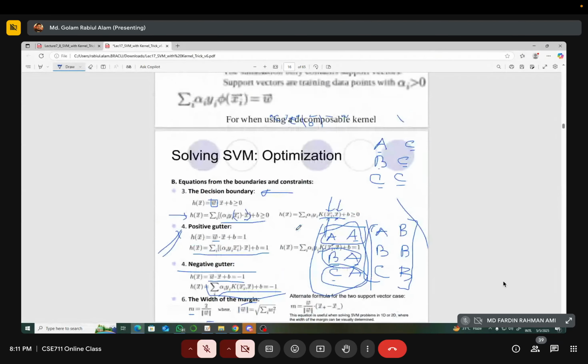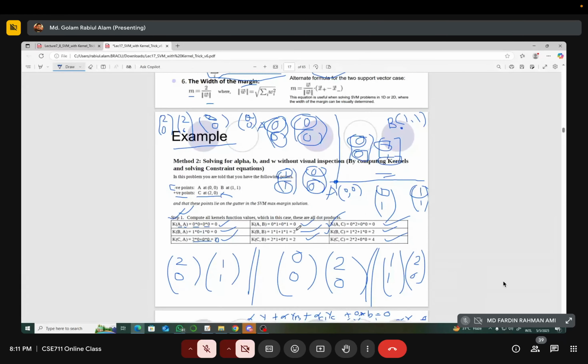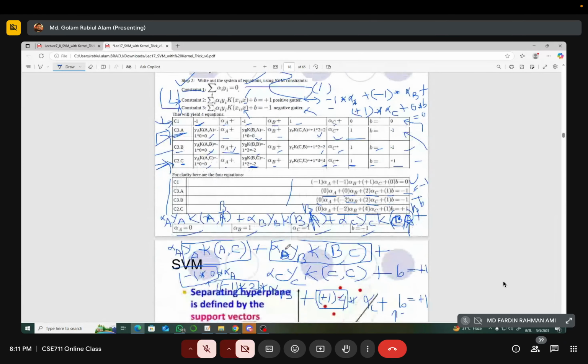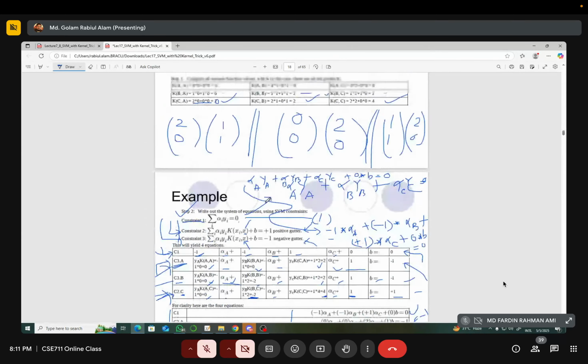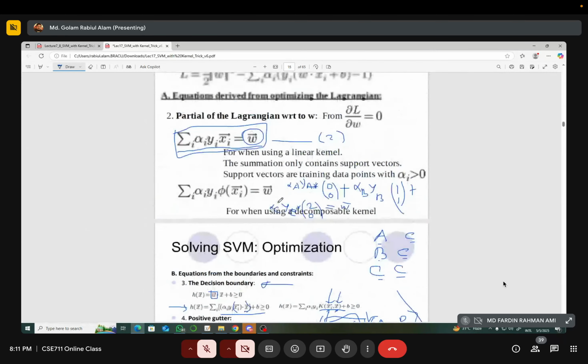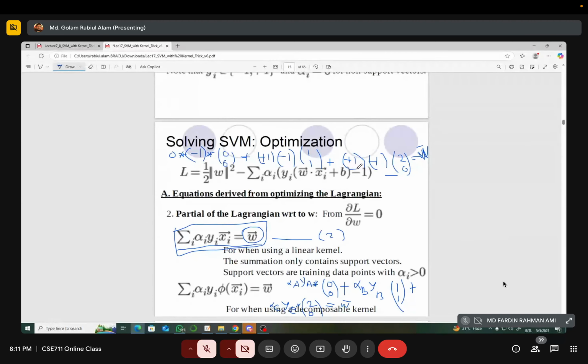Alpha c is 1, so that means positive. And yc is positive, so here it must be positive. And our vector c is 2 0, equal w.